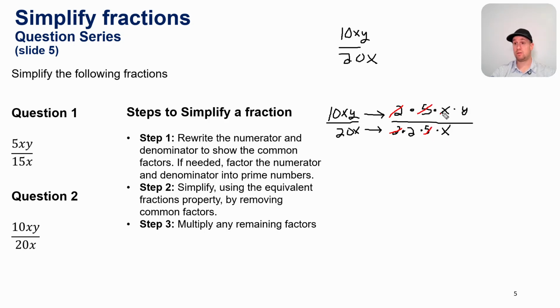And for the variable, the x. So now what we end up having at the end is, again, y in the numerator here. And in the denominator, we have a 2 by itself. So our answer for this becomes y over 2 at the end.